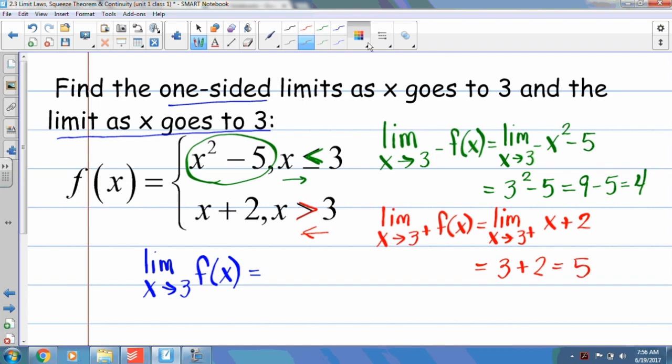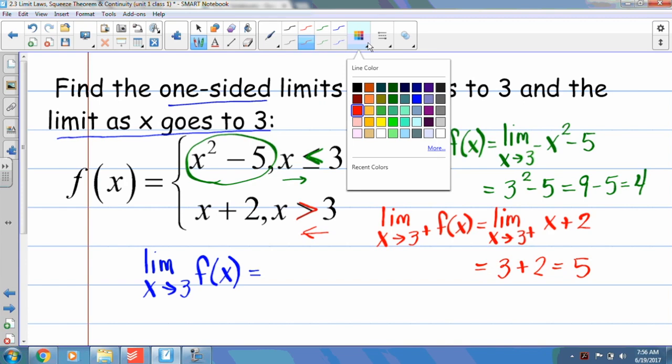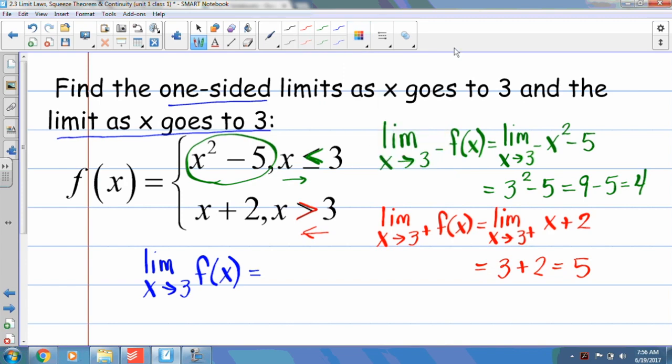Now because those two one-sided limits are not the same, that means that our limit as x goes to 3 does not exist. Now notice how I'm putting in that notation. I don't have it at the 3 plus 2 anymore. This is very, very important. I will be very particular about notation, so you want to make sure about that.